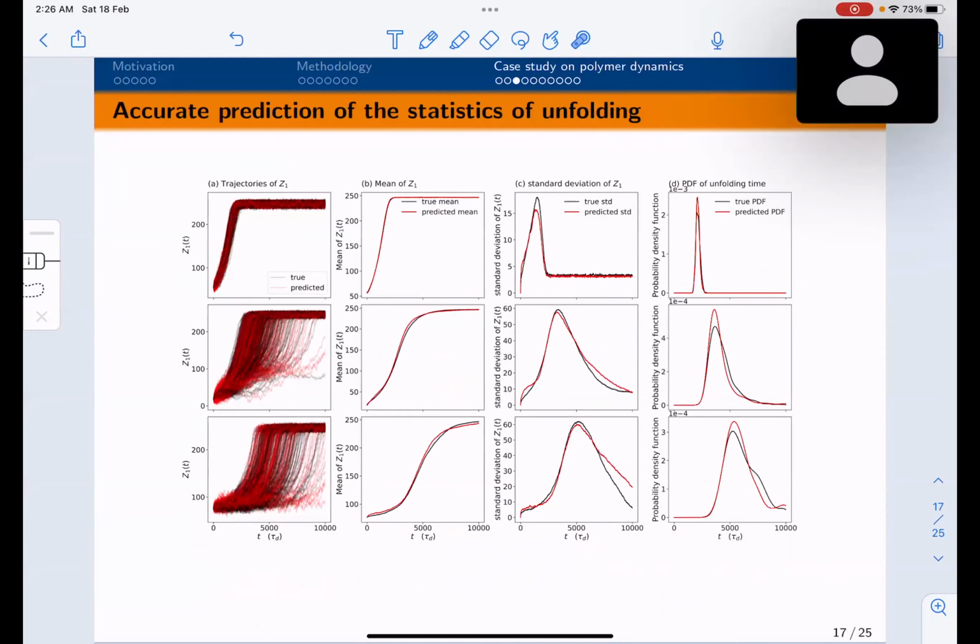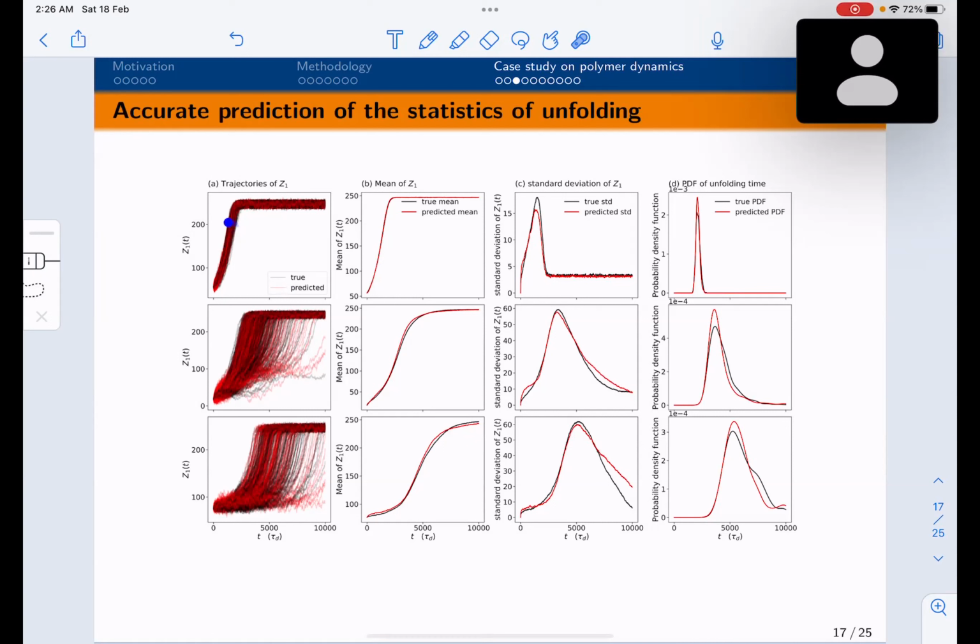Okay, so the next one, we give 3 unseen initial polymers. We predict, because just now we said we only care about the intensity, this star in our polymer dynamics is the Z1 here. Given an initial condition of the polymer, because there is a stochastic here, for this figure we plot 300 trajectories. The black one means the true trajectories, the true intensity of the polymer, and the red one is our predicted results.